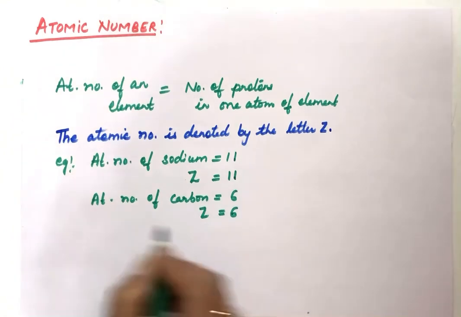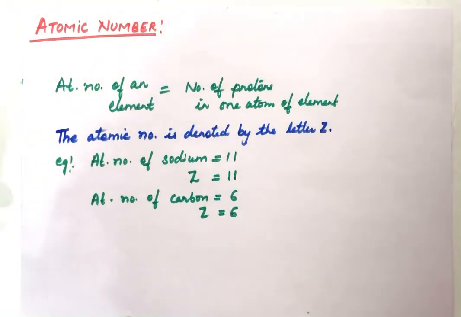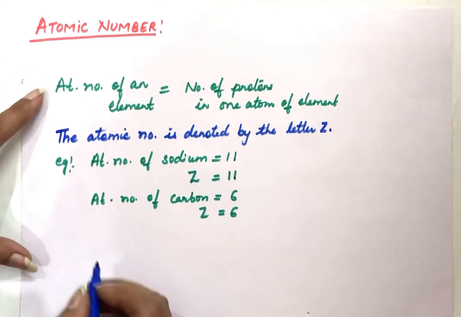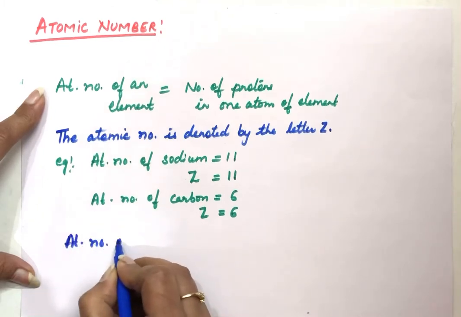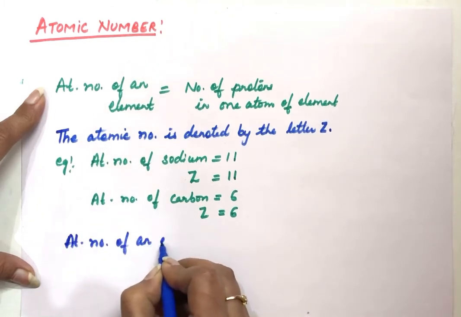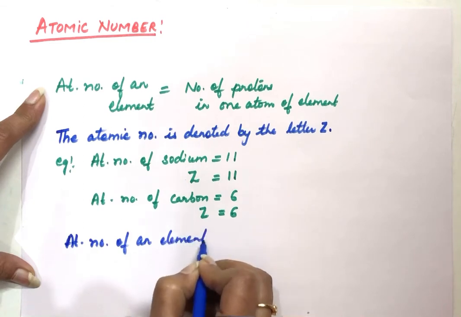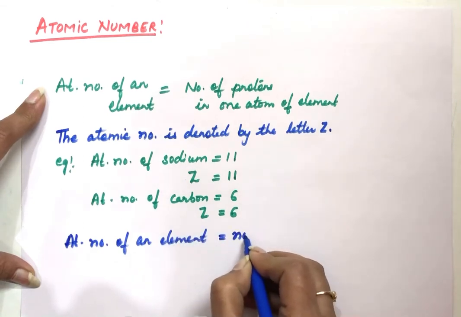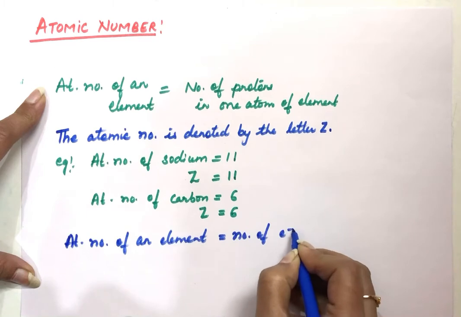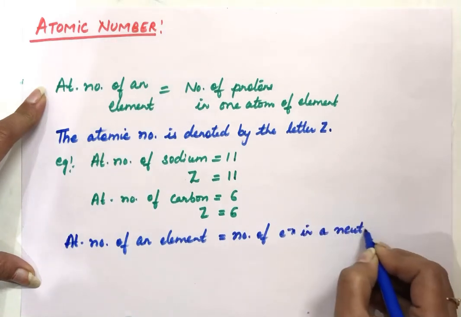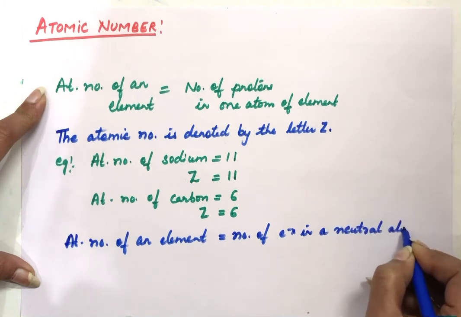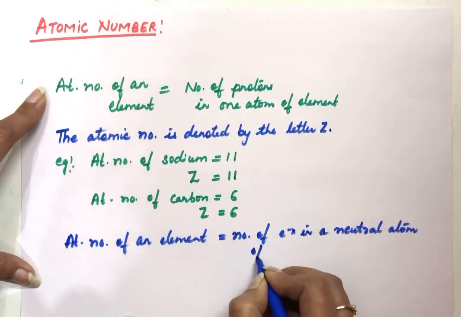And atomic number of an element is always equal to number of electrons in that atom if that element is neutral. So atomic number of an element is equal to number of electrons in a neutral atom of that element.